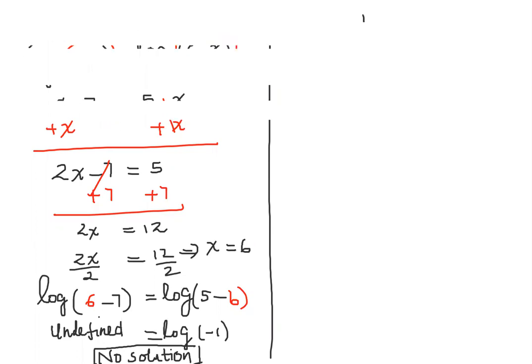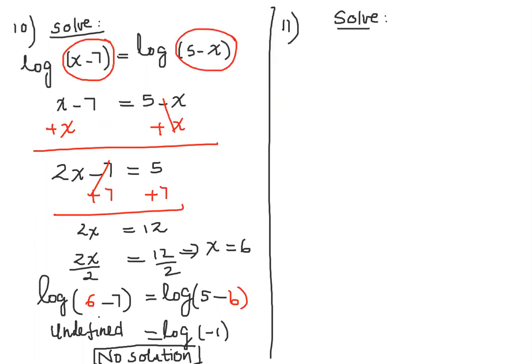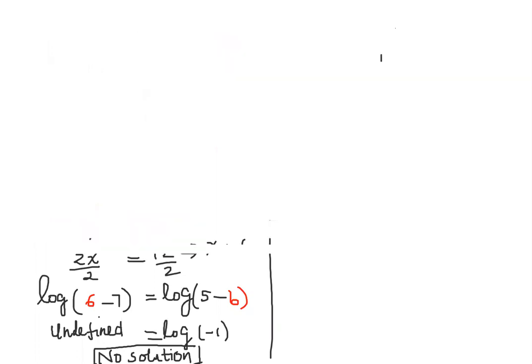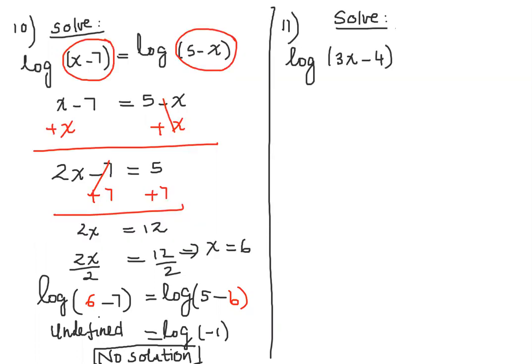So number 11. So now look at this. In the beginning, I said you have to have only one single logarithm. So now I have two logarithms, right?